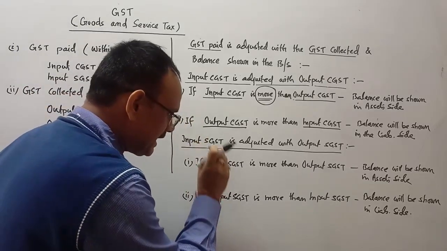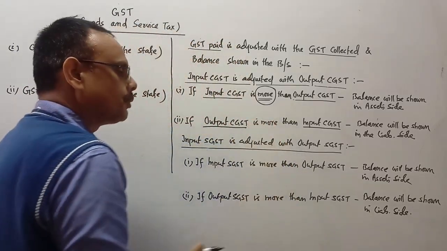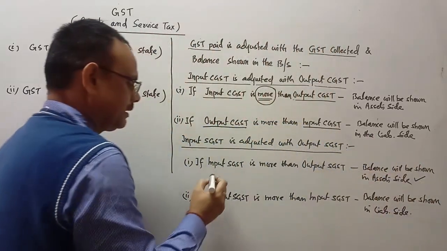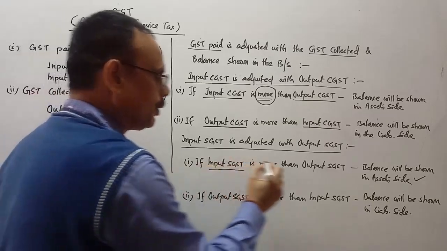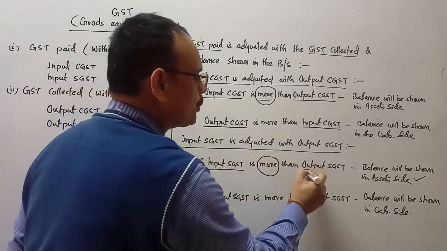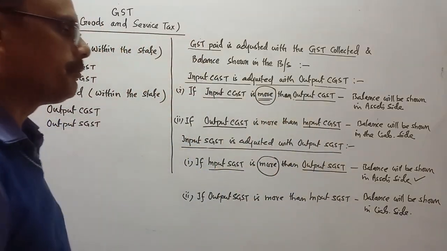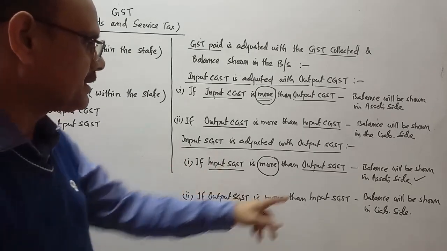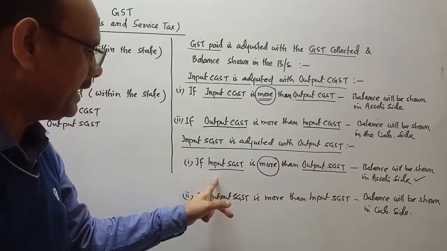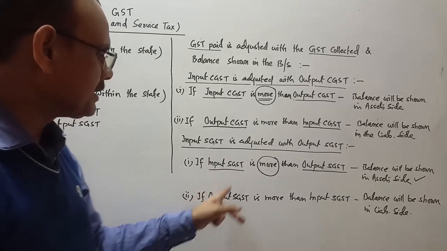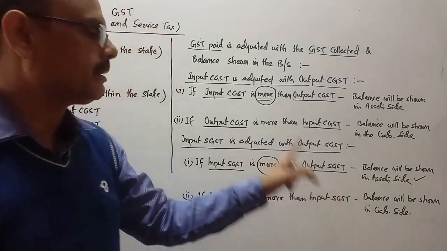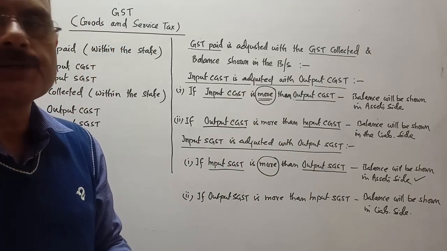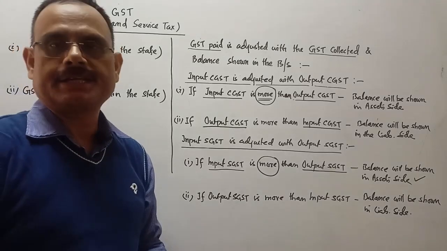If input SGST, meaning state GST, is more than output SGST, meaning you have paid more, then the balance will be shown on the asset side. Vice versa, if output SGST is more than input SGST, then the balance will be shown on the liability side, and that will be deposited to the government treasury in the next financial year.